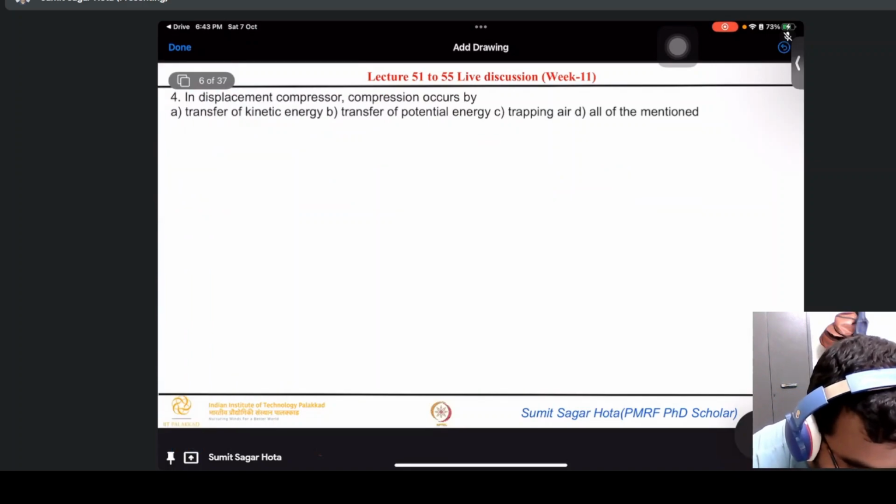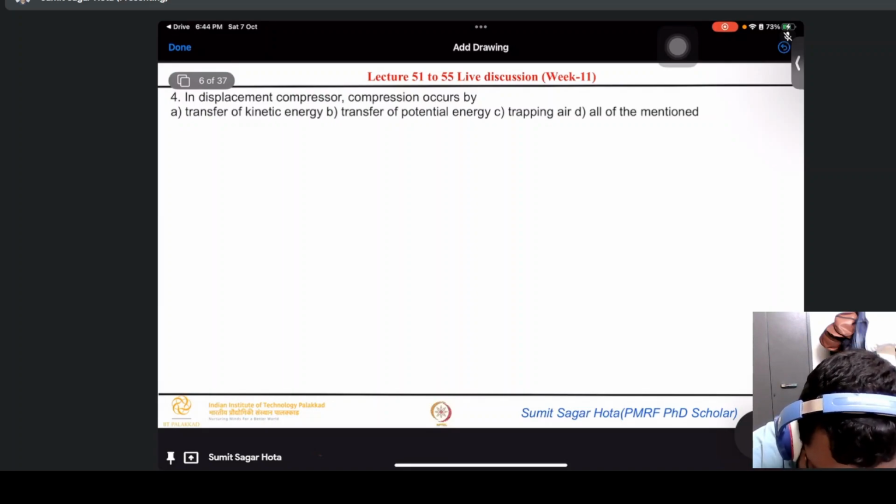In displacement compressor, compression occurs by what? What does displacement compressor mean?